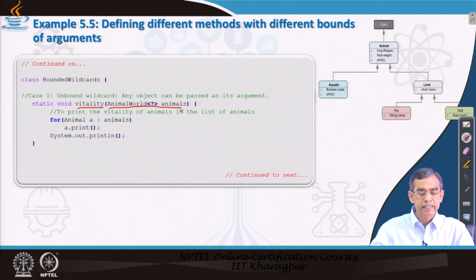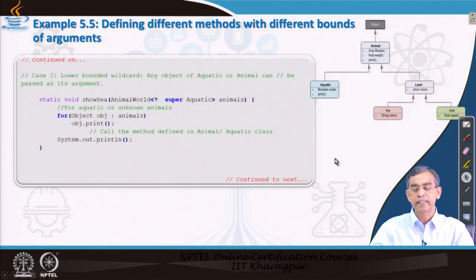It takes the animal world of any type of animals, and for each type of animal it will call the print method. So, vitality is the method which we have declared in this class so that it can work as an argument of this animal world. The animal world can be any animals which are in this list.